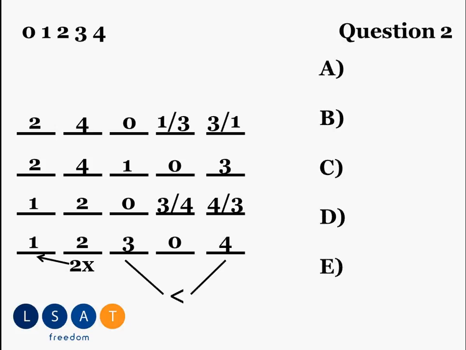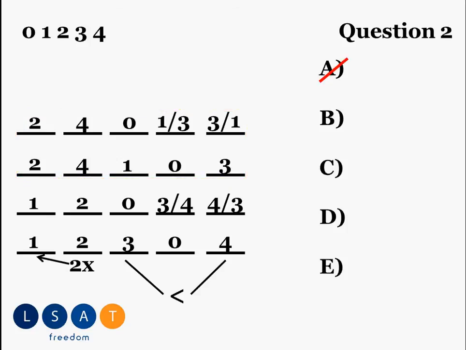Question 2. For question 2, we need to figure out which one of these answer choices is true about any of these potential arrangements for the code. So all you need to do here is just plug and play with the answer choices. So A, 1 goes before 2. Well, that's not correct because in both of these templates, 2 comes before 1.